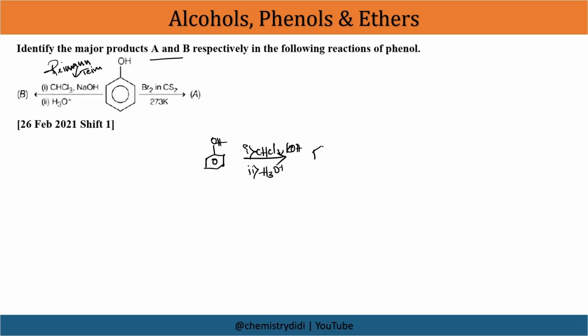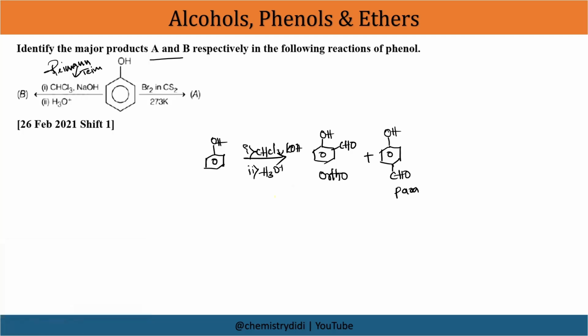The CHO group will get substituted at the ortho and para positions with respect to this OH group. First we'll get the ortho product, and then one where the CHO is substituted over here. So which is major? Just try to think. This is the ortho product and this is para, and the name of this compound is salicylaldehyde.